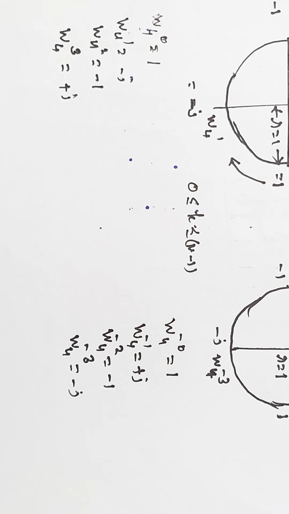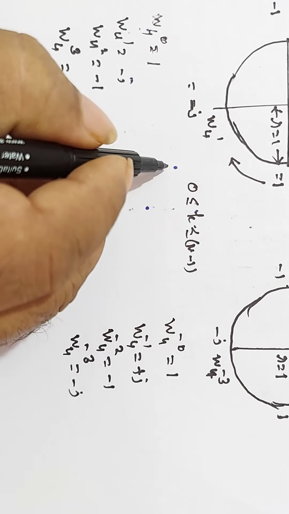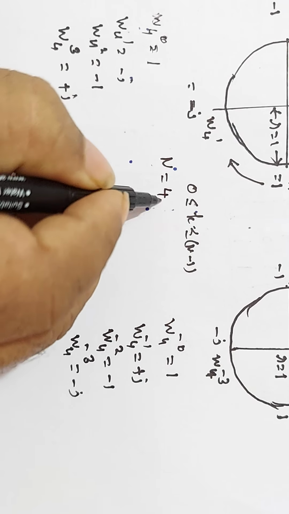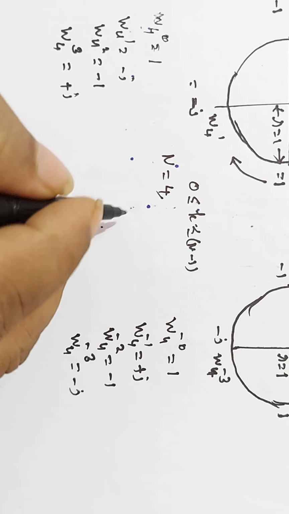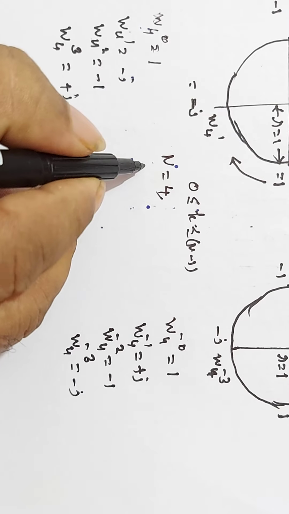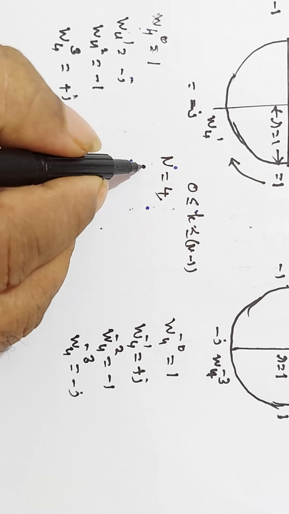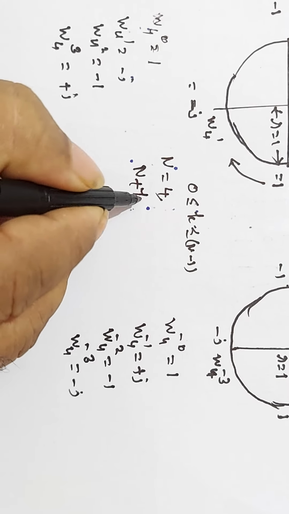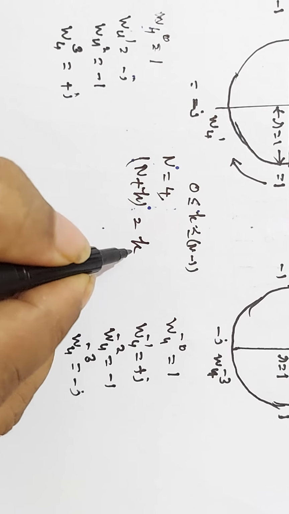And since the DFT is a periodic function, the samples are repeated after N number of samples. That means if N is equal to 4-point DFT, then what is the fifth sample? The fifth sample is also equal to the first sample. How do you represent this? We know that N plus k is equal to k itself.